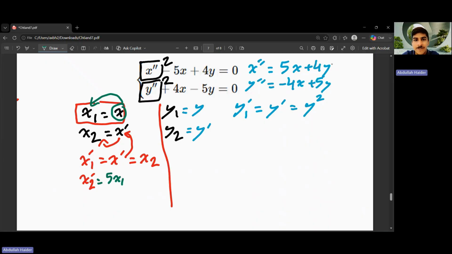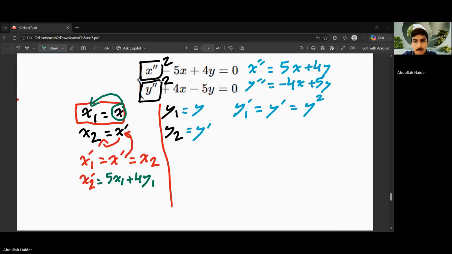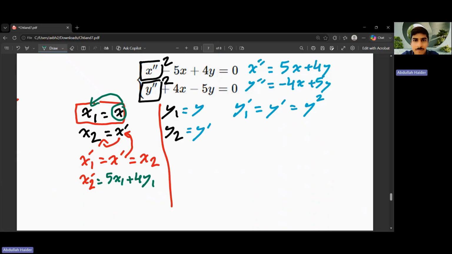Now that we have a y here, this y leads to y1. 5x1 plus 4y1. Should this be negative? There's a positive here. This becomes negative. So this was supposed to be 5x minus 4y. My bad. And hence this should be 5x minus 4y.